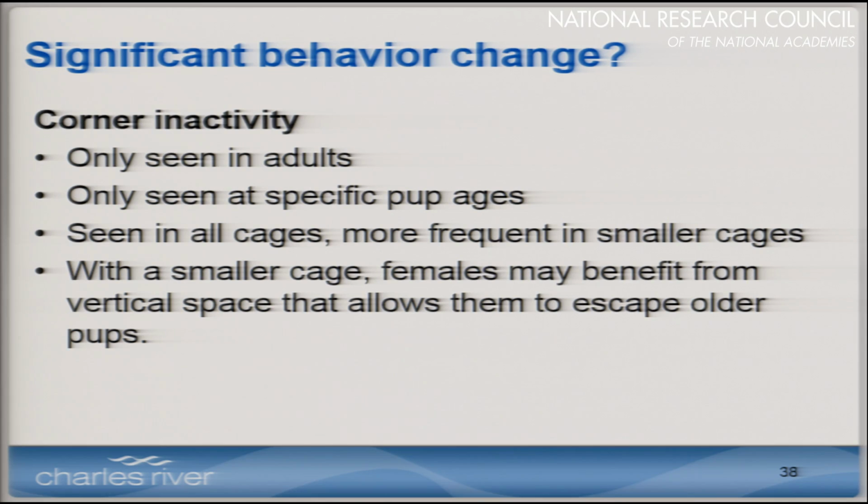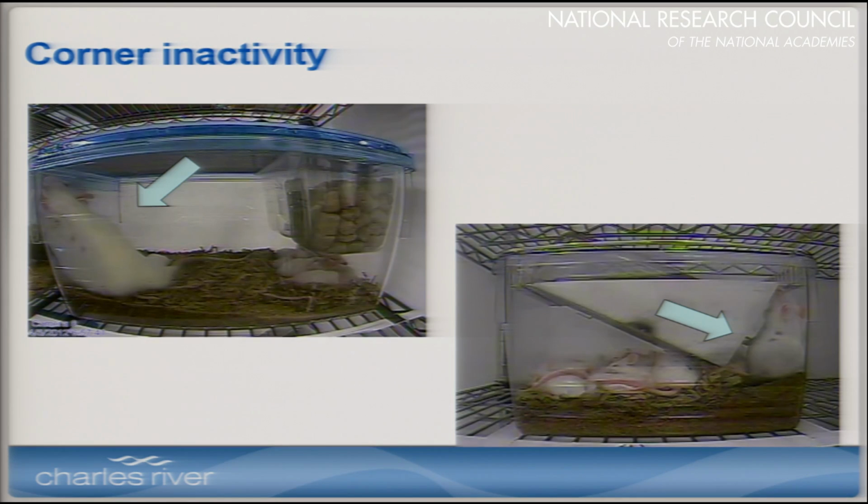And with the smaller cage, it makes us wonder if perhaps females may benefit from vertical space that allows them to escape the older pups. And this is the behavior that makes us wonder that. So the rat is on the upper left and the mouse cage is on the lower right. And you can see the female, the mom here, up in the corner with her nose up in the corner of the cage. So we call this corner inactivity. It was only seen as the pups were older, generally 2 weeks and above.